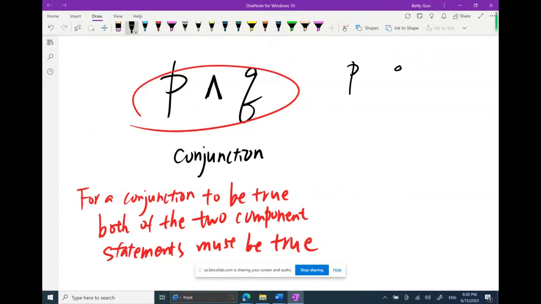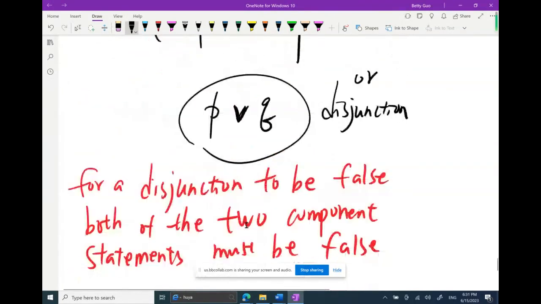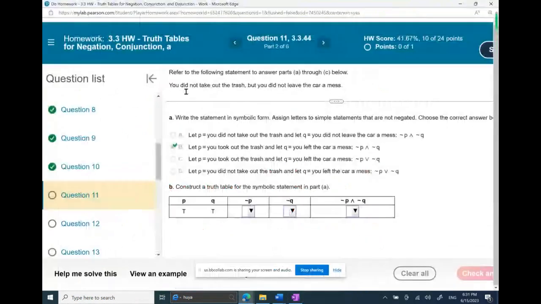If P is true, then not P is false. P and not P always have opposite values. For conjunction, you only need to remember one sentence. And for disjunction, you only need to remember one sentence. So I'm thinking we are going to skip the rest of the questions and go to section 3.4.